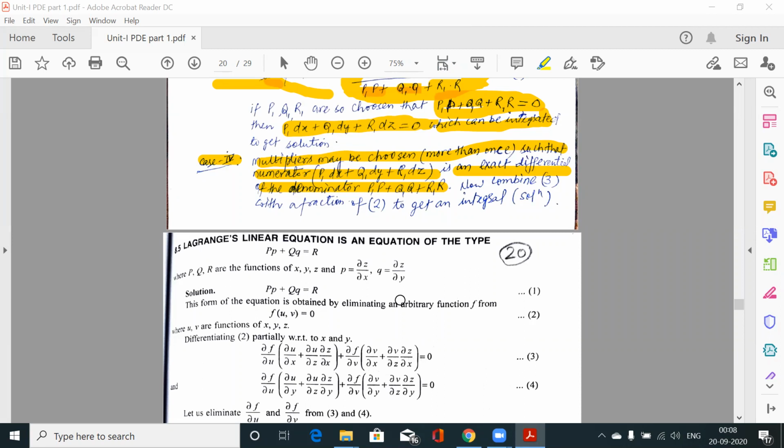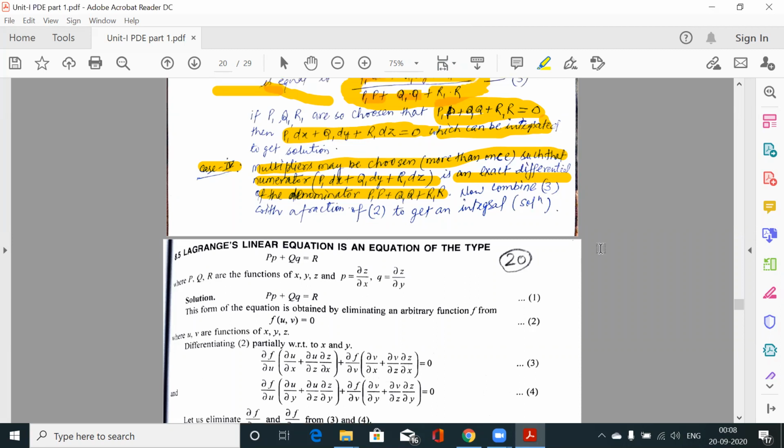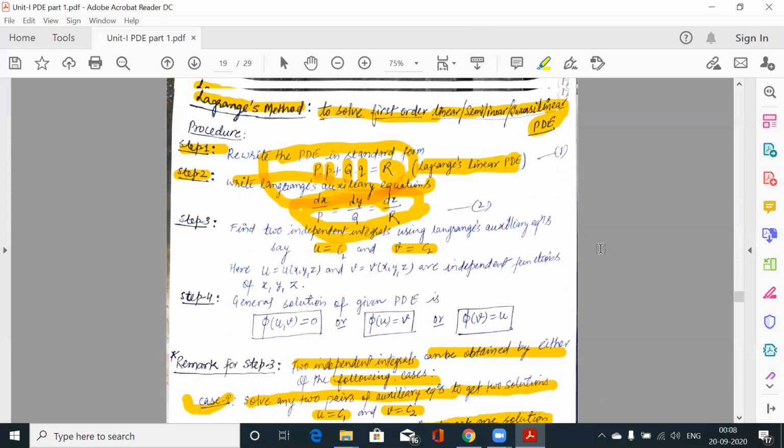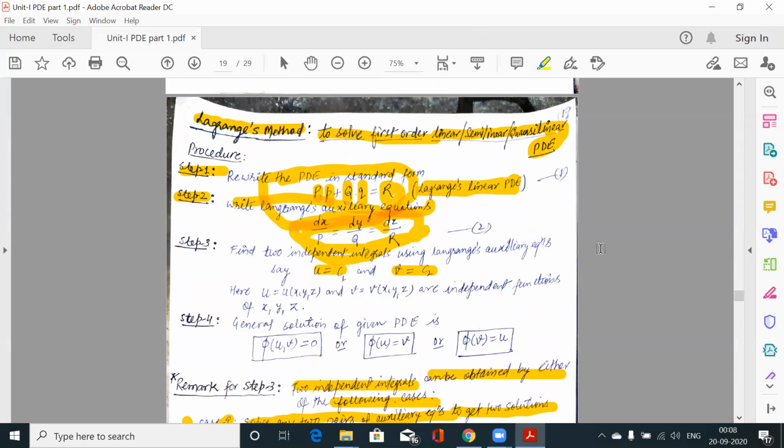Now I repeat the process once again. What is the process to solve the first order linear, Cauchy linear, semi-linear PDE? First, convert it into the standard form, known as Lagrange's linear PDE. Then calculate Lagrange's auxiliary equation.